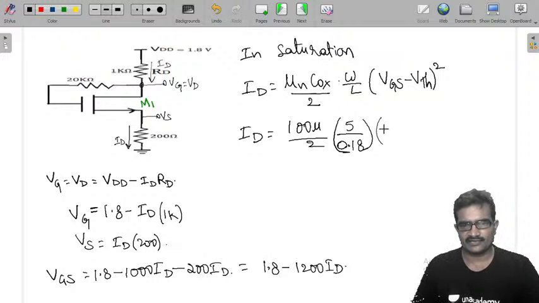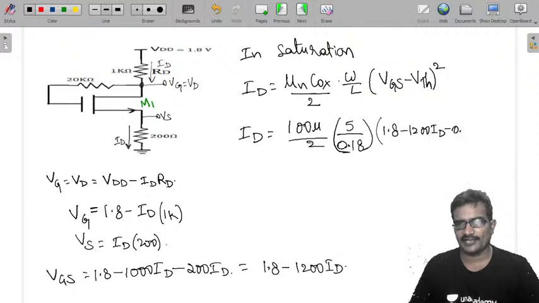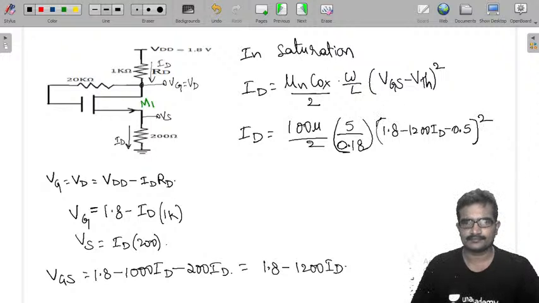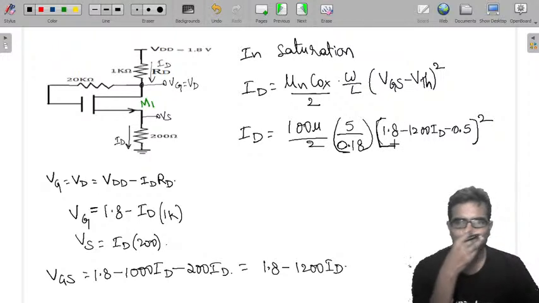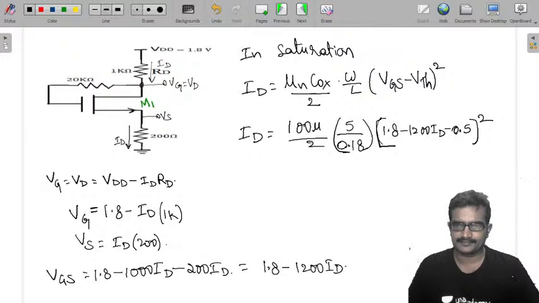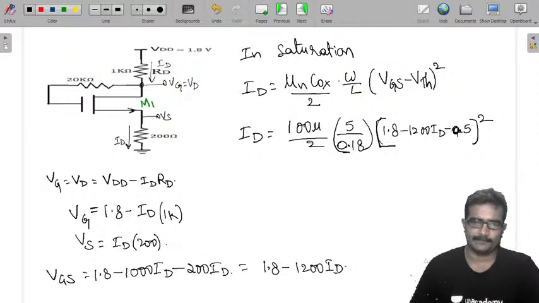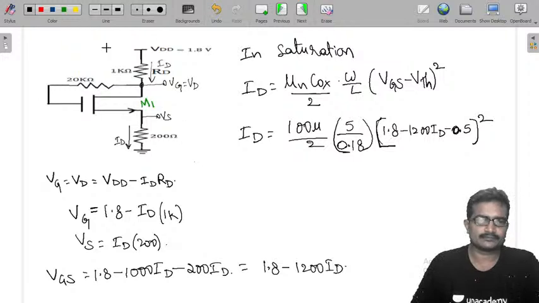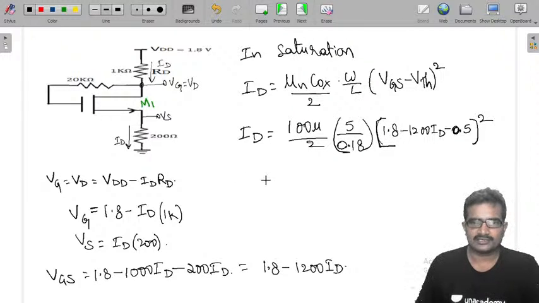Substitute that. Therefore 1.8 minus 1200 ID minus VTH which is 0.5, whole square. Okay, now simplify this.